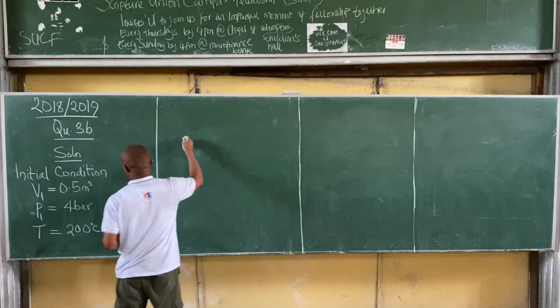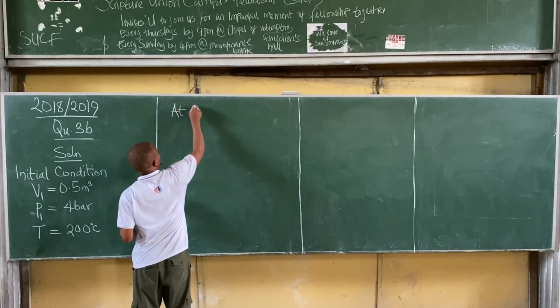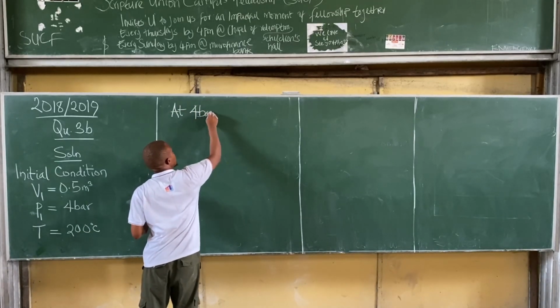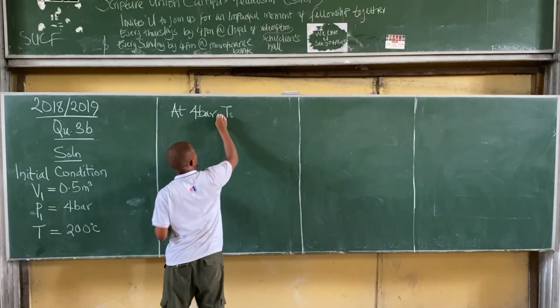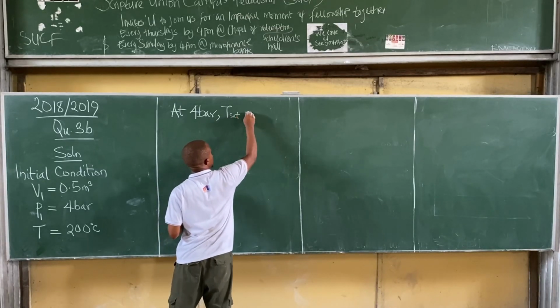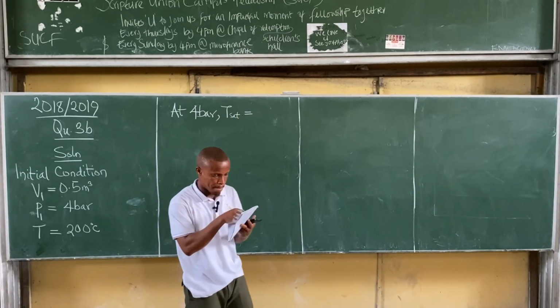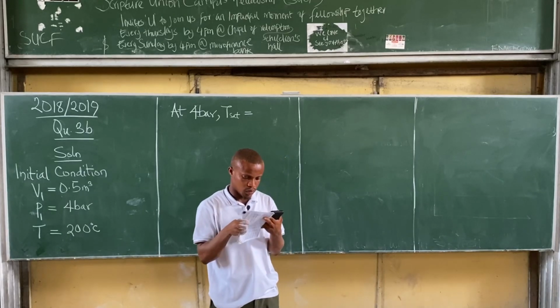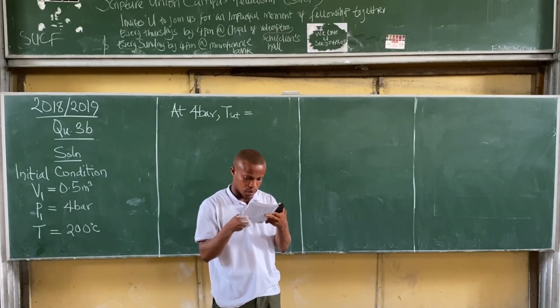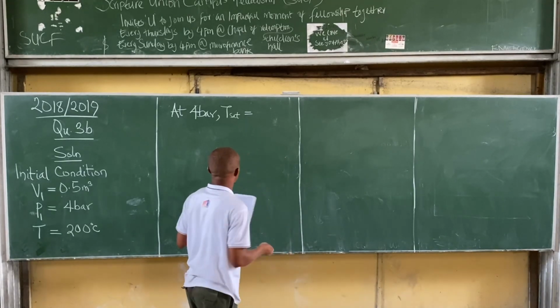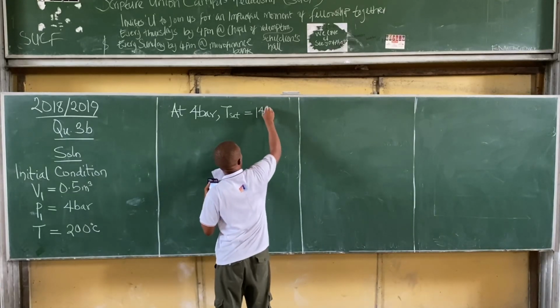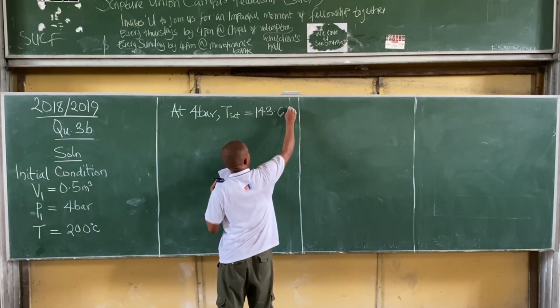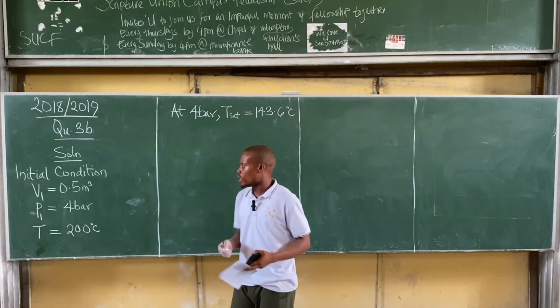So at 4 bars, using our saturated steam table, Tsat is given as 143.6 degrees Celsius.